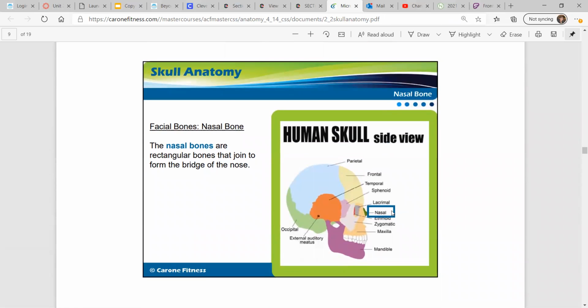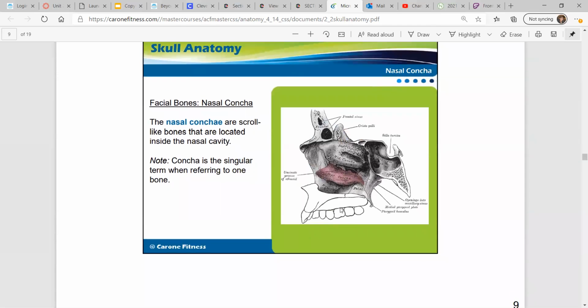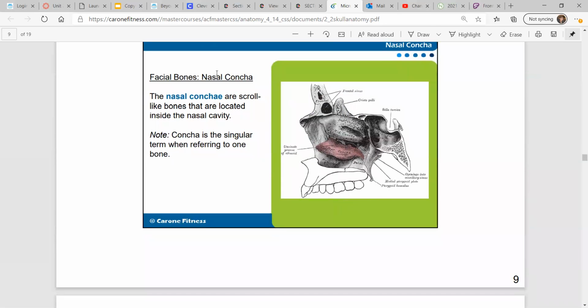Then we have the nasal bones. These are rectangular bones that join to form the bridge of the nose. The most visible part of your nose is formed by the nasal bone. Nasal conchae, that's the plural way to say that.